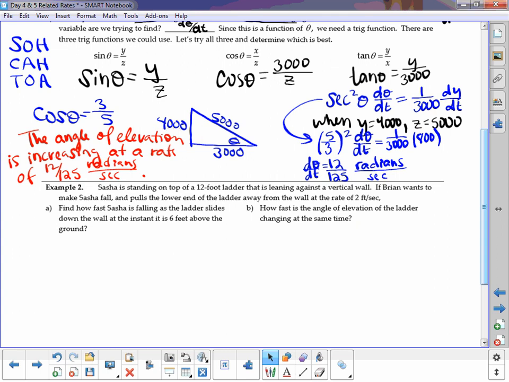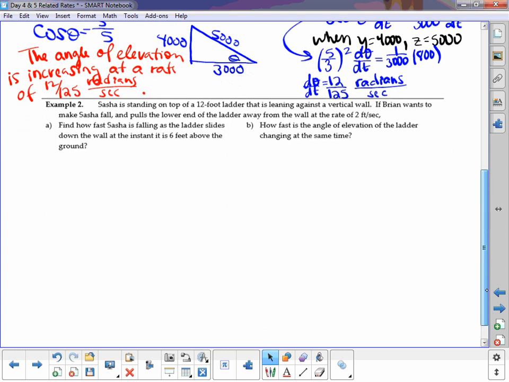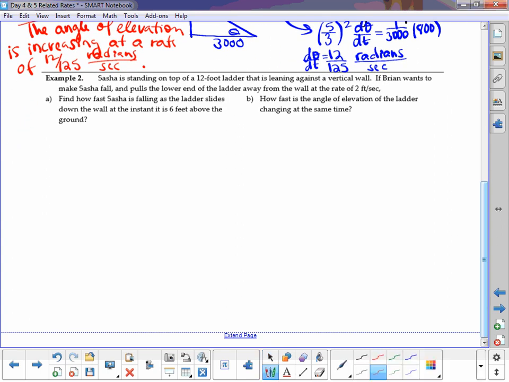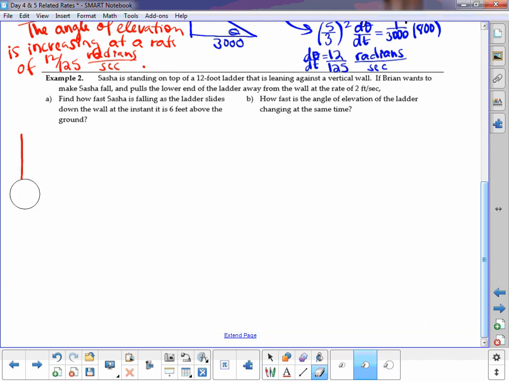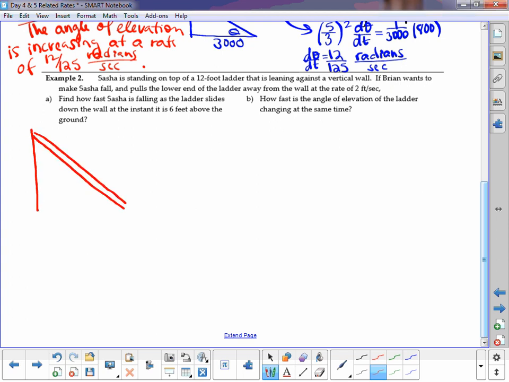All right, go ahead and draw a picture to represent what's happening here. Okay, so we have Sasha standing on top of a 12-foot ladder, and it's leaning against a vertical wall.